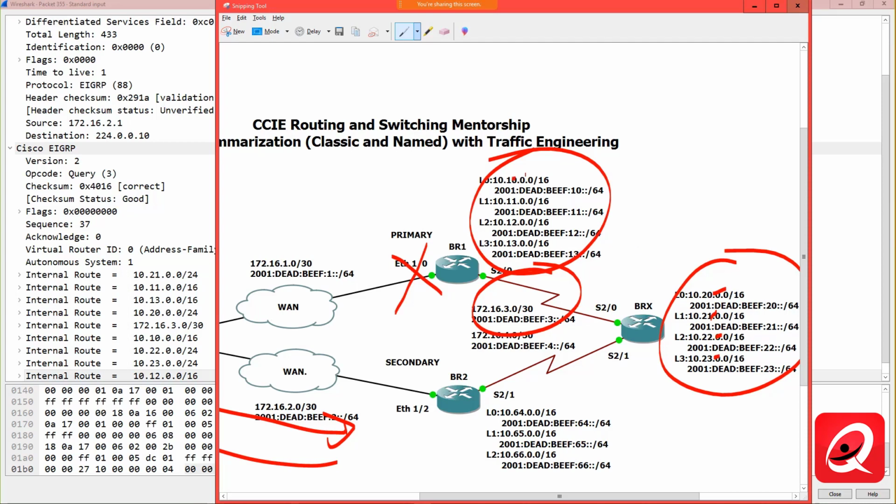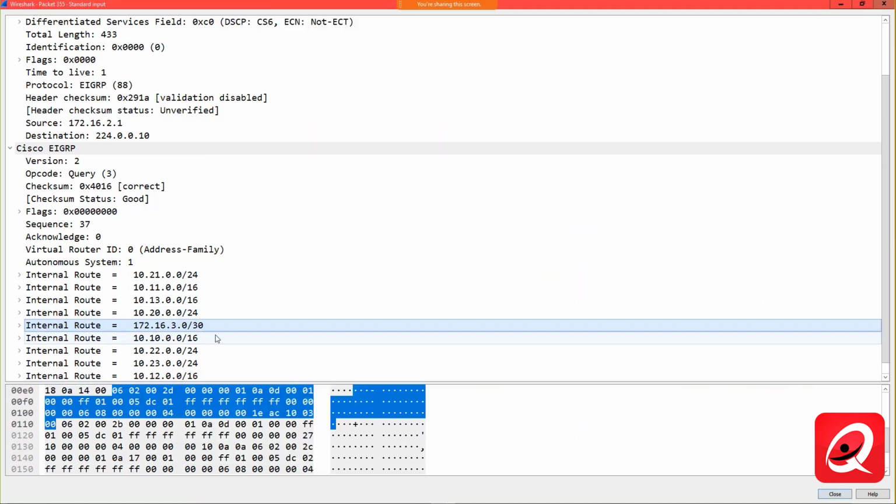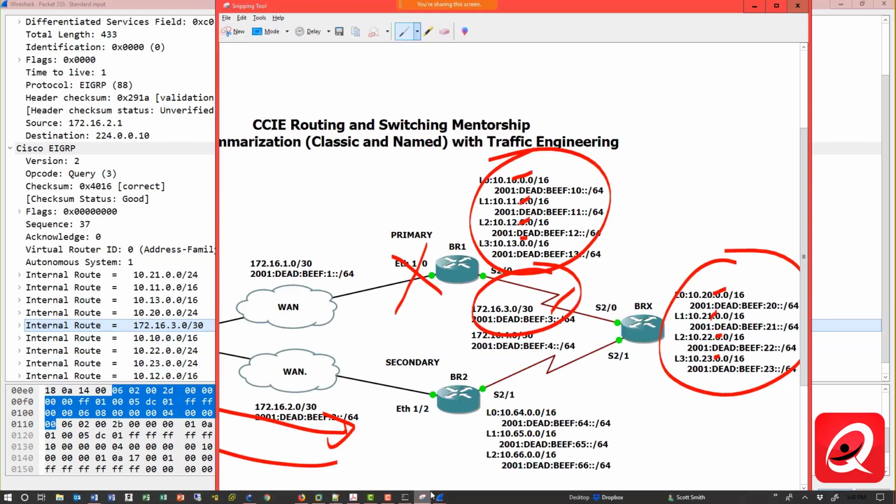We see 10, we see 11, we see 13, and we should see 12 there as well. And most likely the 3.0 subnet as well. Right there, 172.16.3.0. So that makes sense, right?